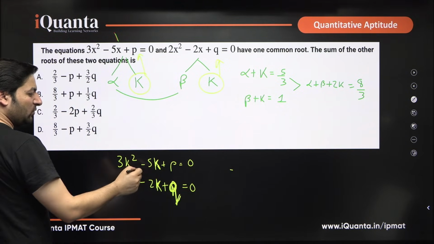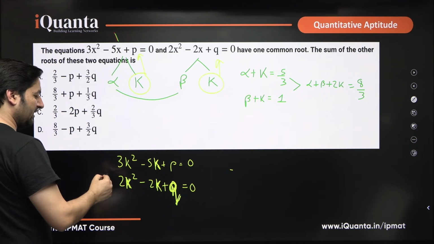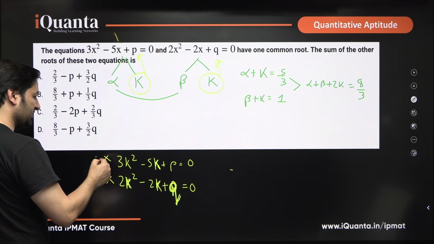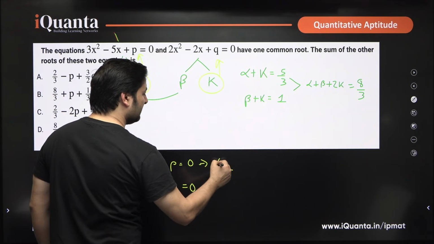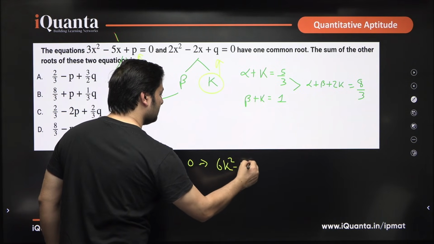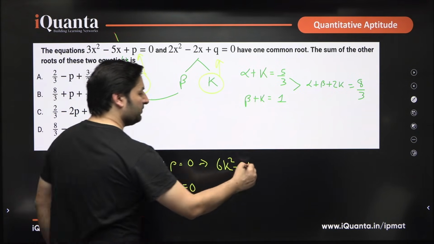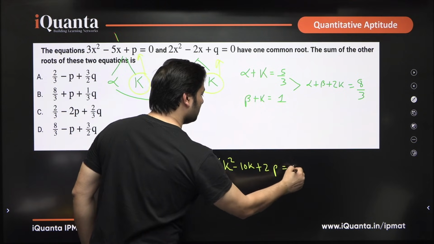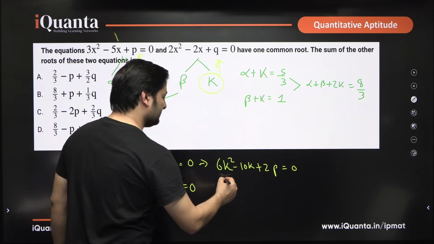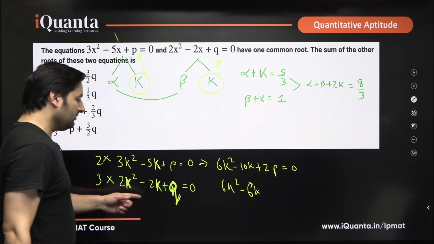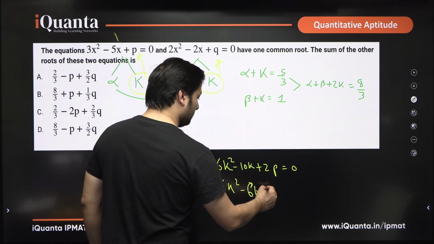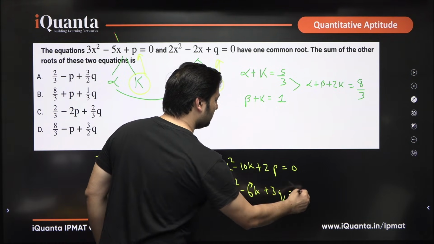What do I need to get rid of? I need to get rid of this k². Let me multiply the first equation by 2 and the second equation by 3. I get 6k² − 10k + 2p = 0, and here 6k² − 6k + 3q = 0.